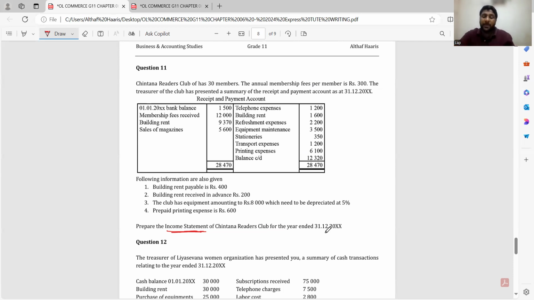Identify the income and expenses. Income connected things and expense connected things. We can't say income and expense. Income connected items and expense connected items.